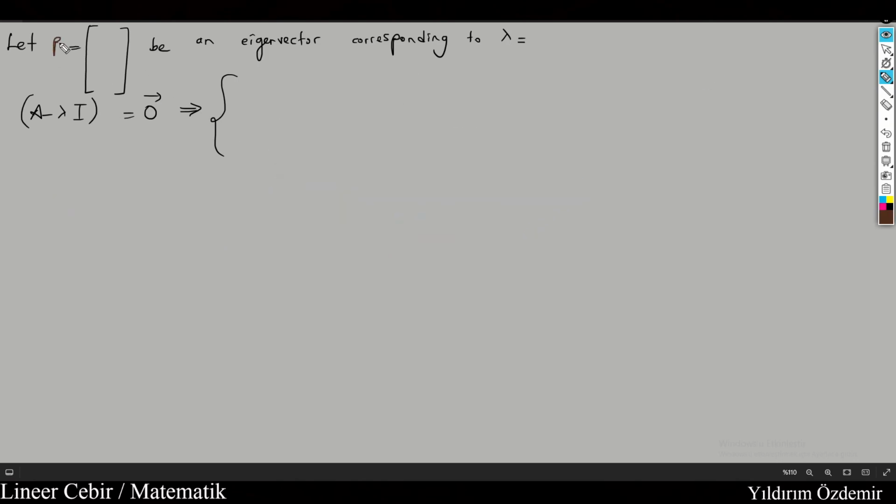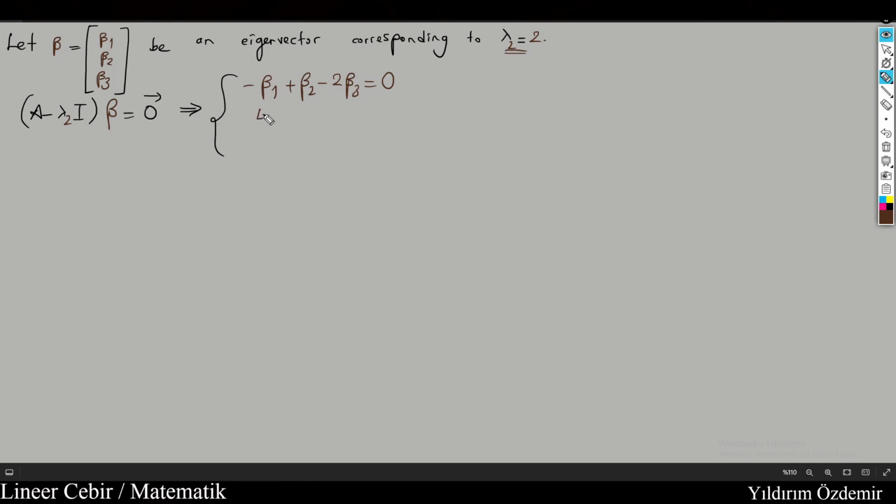Now let beta equal beta 1, beta 2, beta 3 be an eigenvector corresponding to lambda 2 equal to 2. So we have this equation. This means that minus beta 1 plus beta 2 minus 2 beta 3 is equal to 0, because we put lambda 2 equal to 2 in the equation, so we get the first one.